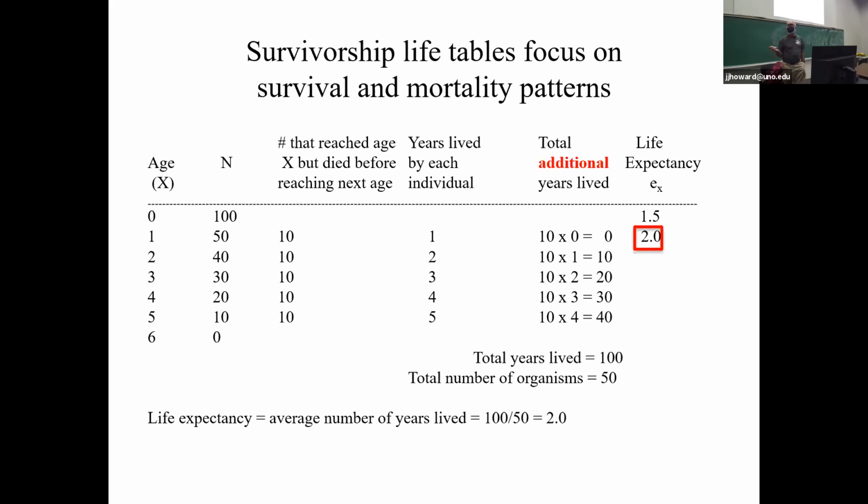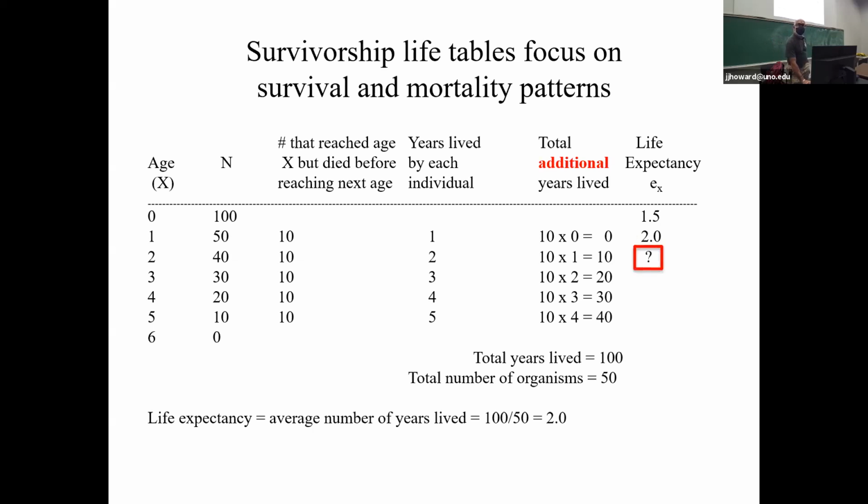And the fact is that if the average life expectancy is 1.5 years and half of your individuals die before ever reaching 1 year of age, then the remaining individuals have to live longer than you might expect in order to make that average 1.5. So you just have to look at these tables for what they are.